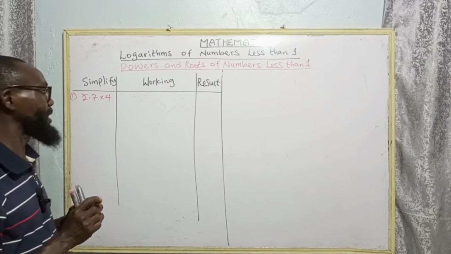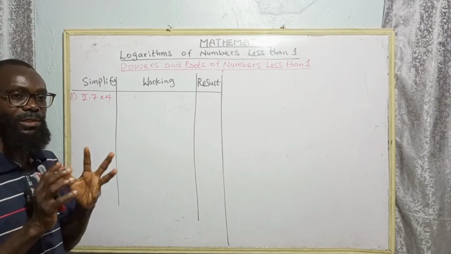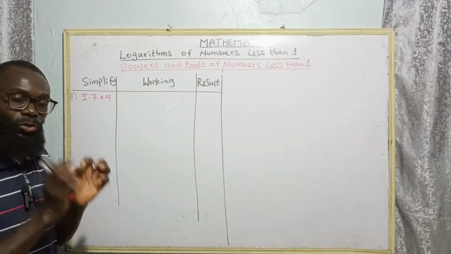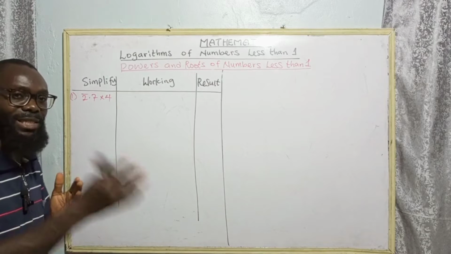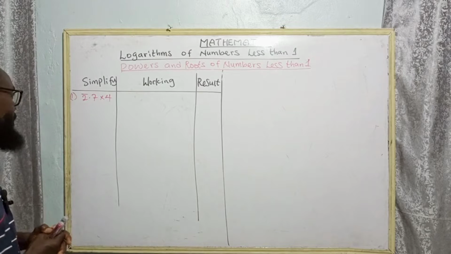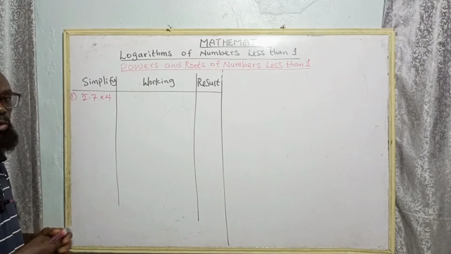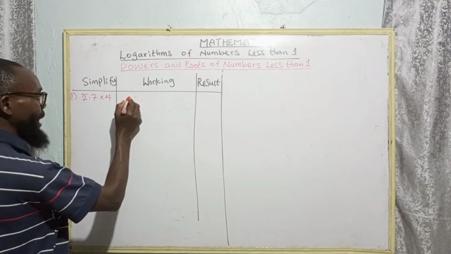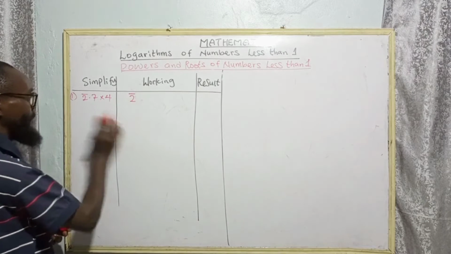Before we move on to solving more questions on powers and roots of numbers less than 1, let us try to look at some of these questions that look stubborn. Let's try to simplify them so that when we get there, it will be easy for us to move forward. Let's look at this. Bar 2.7 multiplied by 4. You know, this can be expressed as bar 2 plus 0.7. I've taken out bar 2.